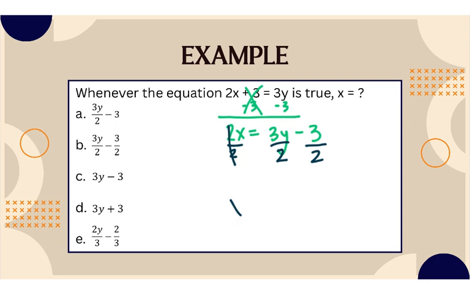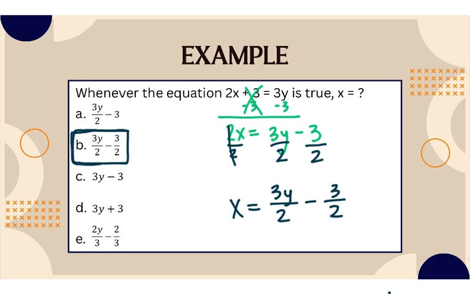We get rid of it here, so we're left with x equals 3y divided by 2. That doesn't simplify. You could write it as 1.5, actually, but as you can see in all my answer options over here, they don't have any decimals. So we're going to keep it in fraction form. Then we would have minus, and again, we have 3 over 2. Which one does that match? Hopefully you realize it would match with B.